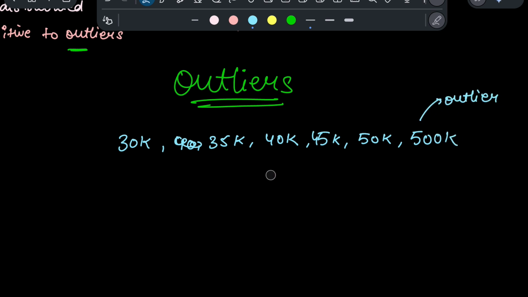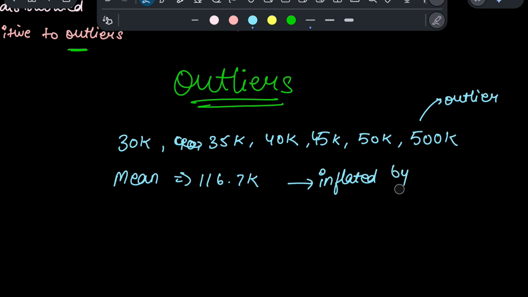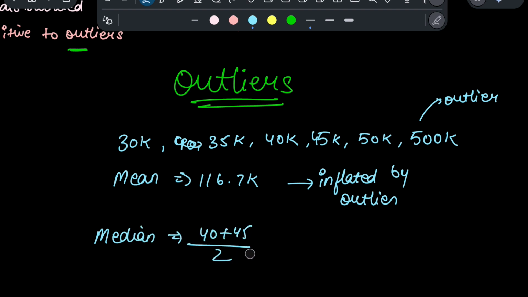Now if we take the mean of all these, the mean comes out to be 116.7k, and this is inflated. The mean is inflated by the outlier. While when we take the median, it comes out to be 40 plus 45 divided by 2, which is 42.5, which is unaffected and quite realistic, right?